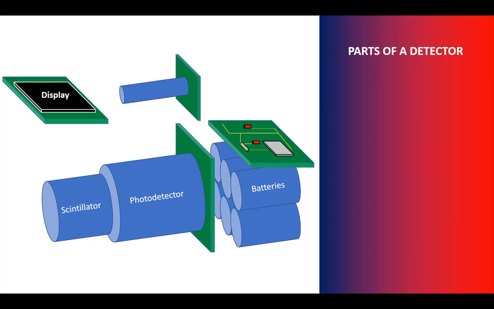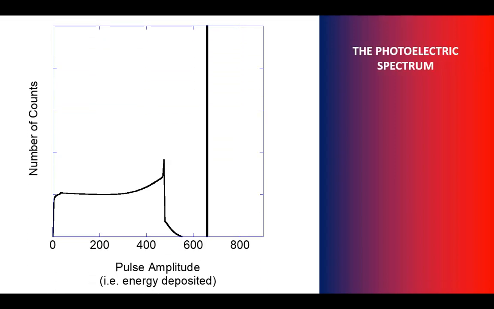Once the electrical signal is sent from the photodetector, the scintillation detector has to display this information somehow. Let's take a look at how these detections are displayed. This is the photoelectric spectrum, a graph of all the readings made during a detection. The spectrum can be divided into two separate regions.